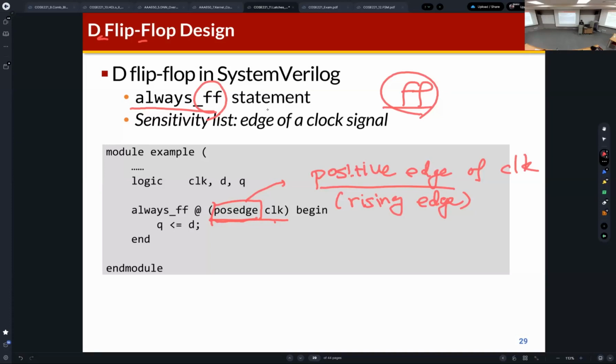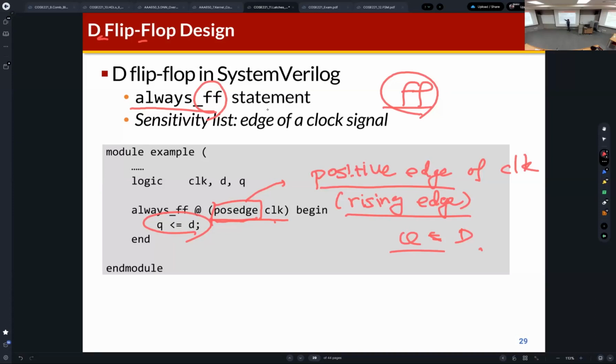So the behavior of this statement is the same as the functional specification of the flip-flop. At the rising edge of the clock, Q becomes D, right? Otherwise, it's just maintained. So we just define the behavior at this point.